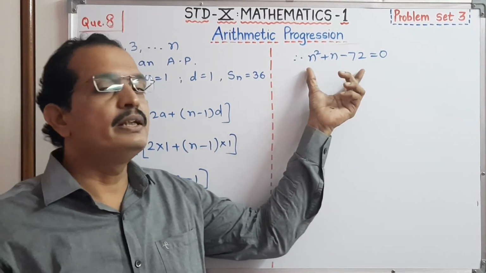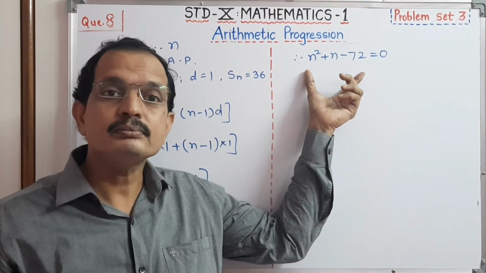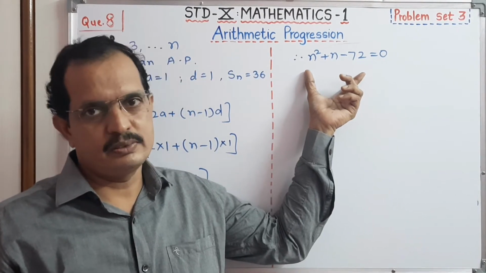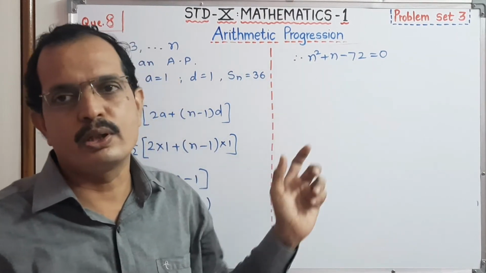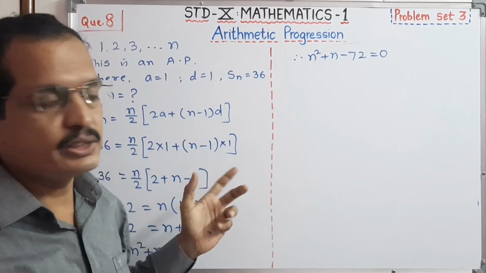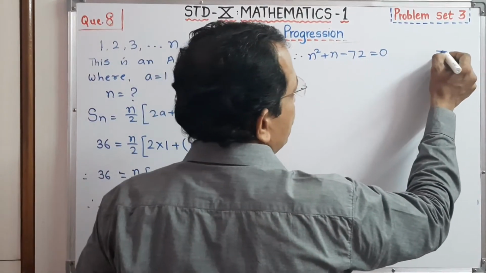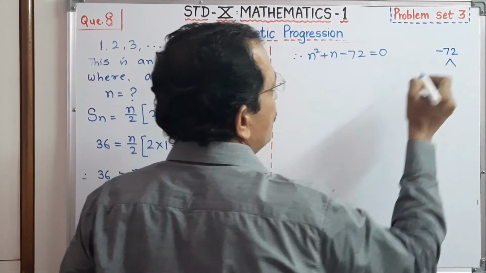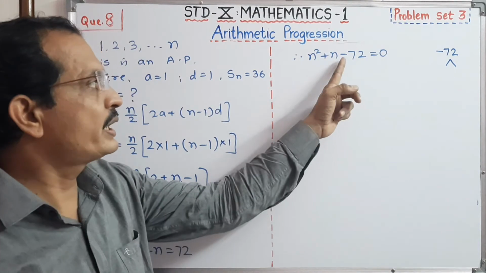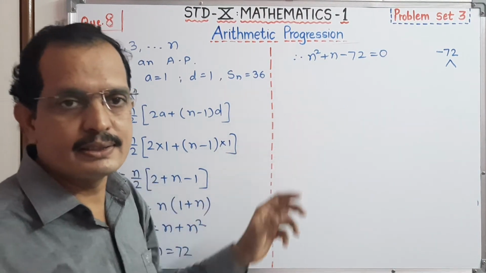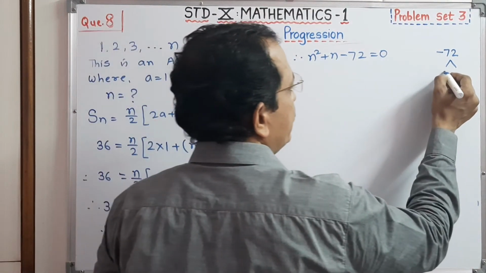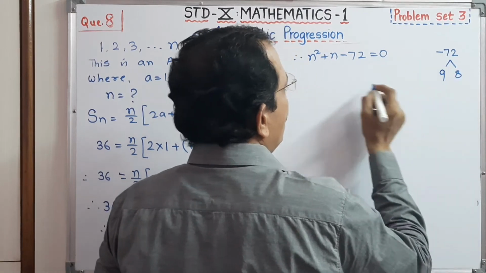Now dear student, this is a quadratic equation. This equation we have to solve by the factorization method. Now tell me the factors of 72 whose difference should be 1. Very easy. Yes, it is 9 and 8.